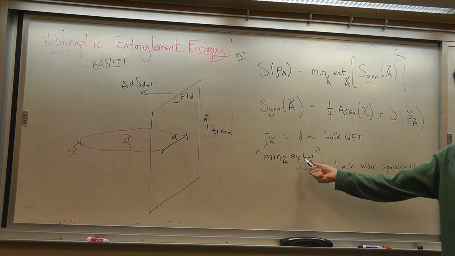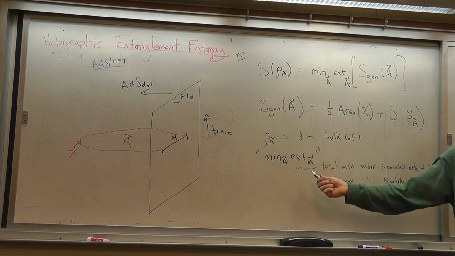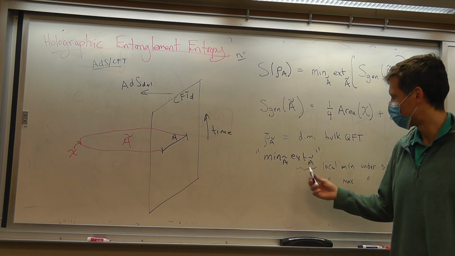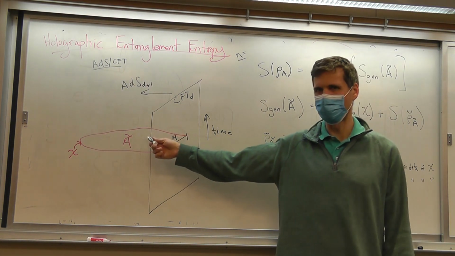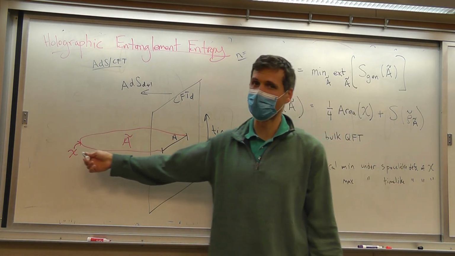So that's what ext means. Think of this as, if we're in 2 + 1 dimensions, you just solve the geodesic equation.